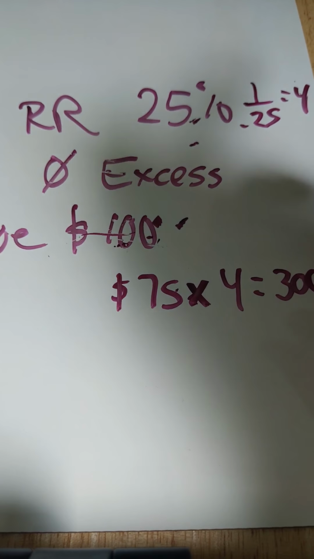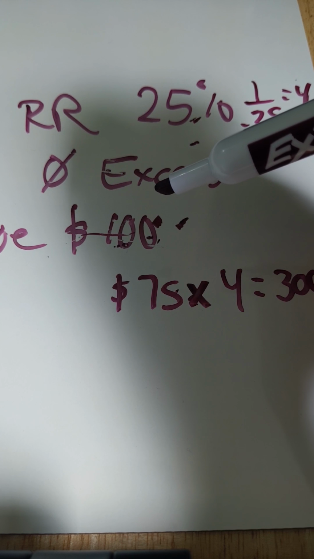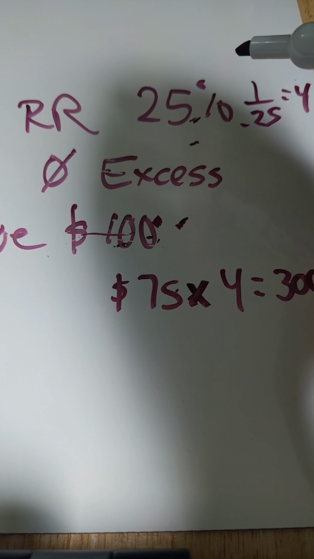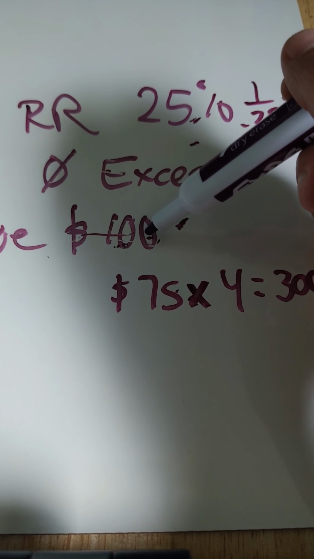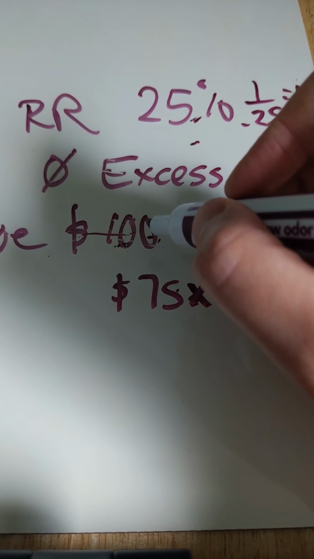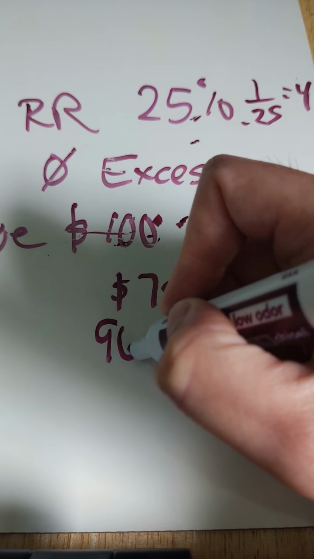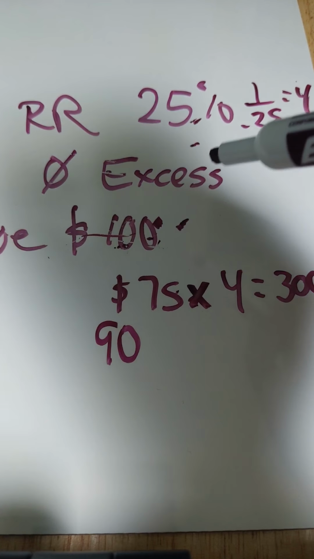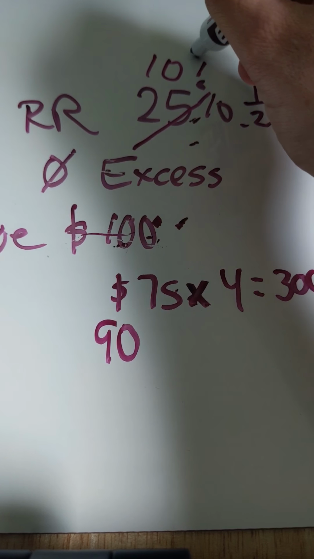If the Federal Reserve were to drop the reserve rate from 25 to 10%, the multiplier would be 10, but it would also mean that they could loan out more of this. So look at the change. Instead of $100 being able to loan out 75, they could loan out 90 if the reserve ratio became 10%.